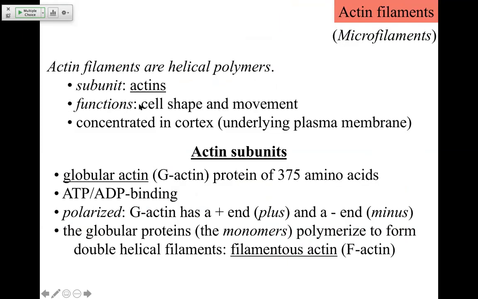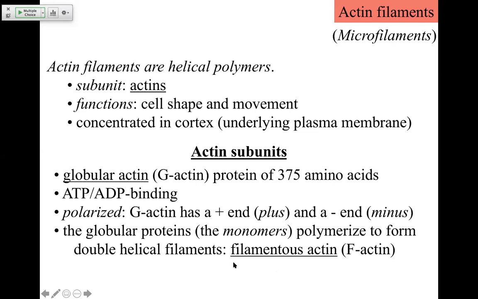The individual subunits are globular proteins, so we call them G-actin. G-actin monomers can bind ATP. They're also polarized. They have a plus end and a minus end. And they assemble into these long arrangements of G-actin subunits into a filament.